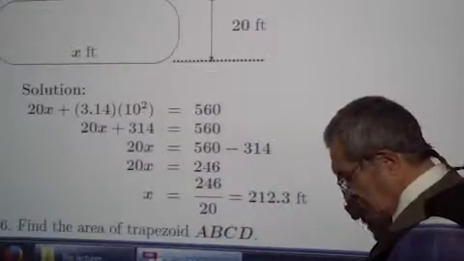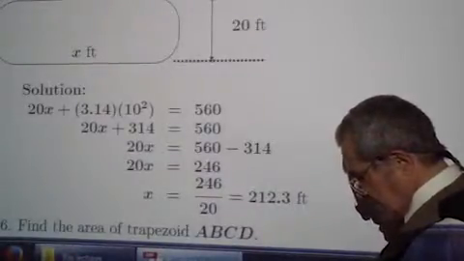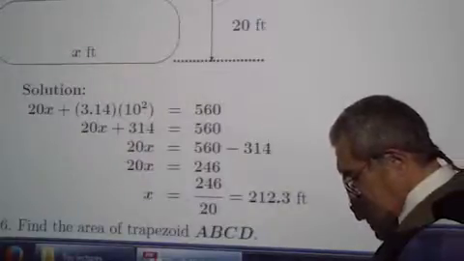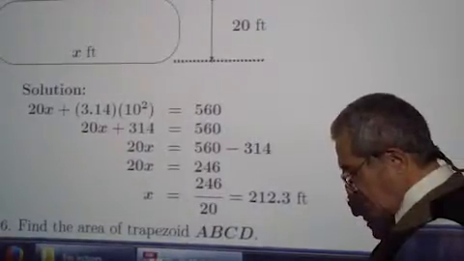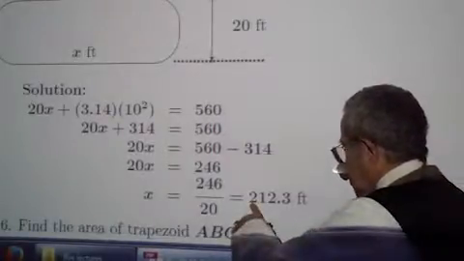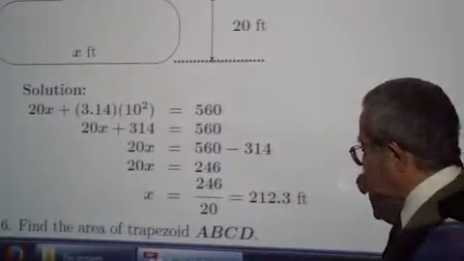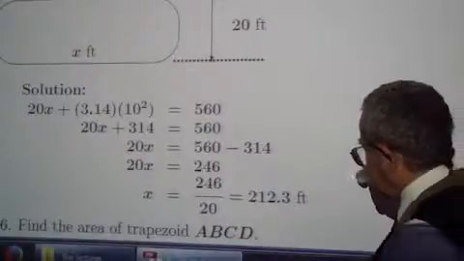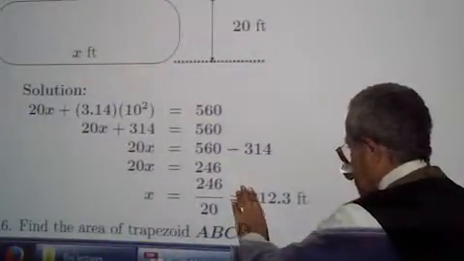I have 246 that I divide by 20, and I come up with 12.3. I see what's happening. There's an extra 2 that came in here. That 2 should not have materialized. The answer is 12.3.